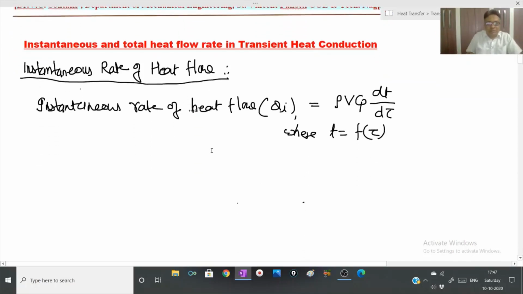This T can be found out from lumped parameter analysis.